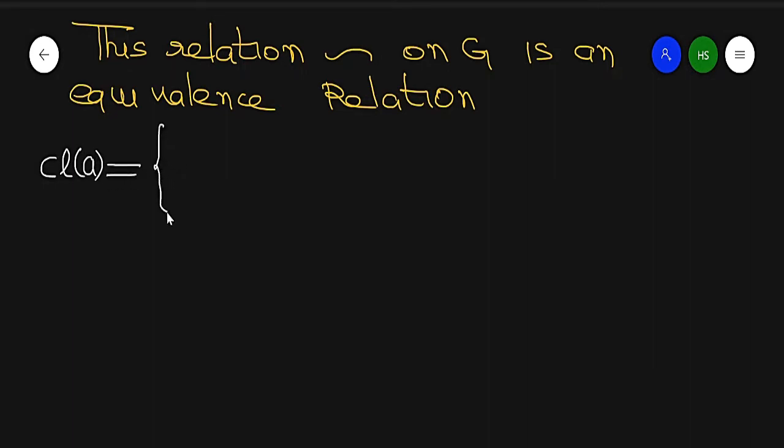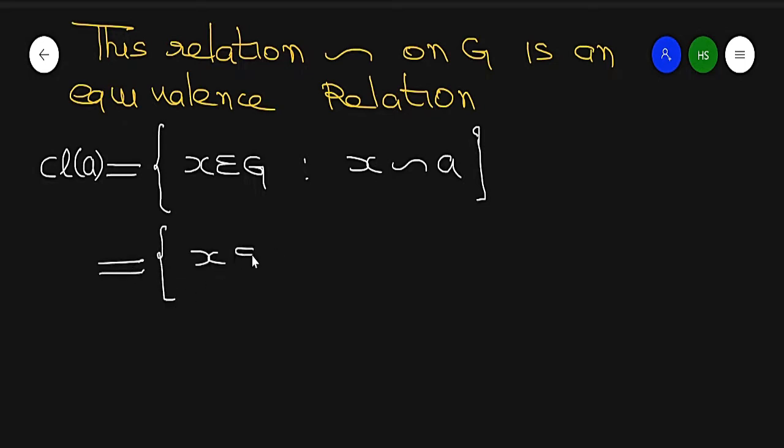It means it consists of all X belonging to G such that X is conjugate to A. Now using the definition, what does it mean?